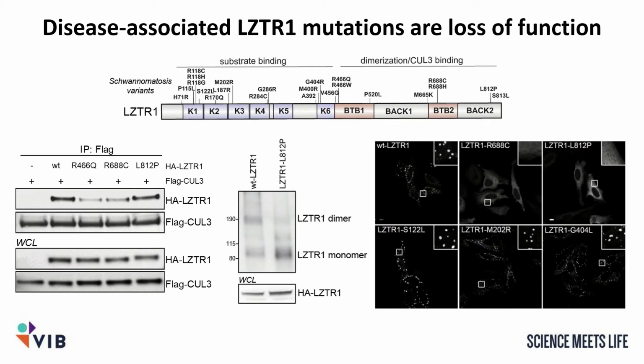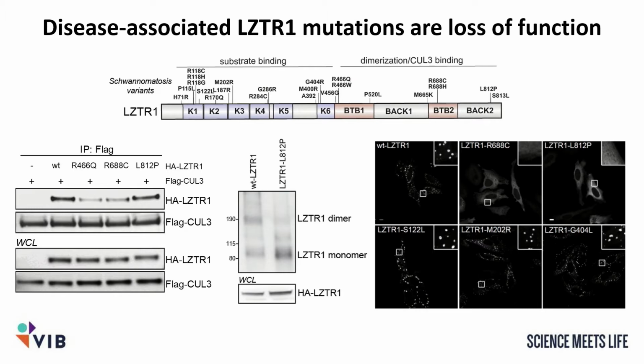We also found one mutant, 812, which did not affect the interaction of LZTR1 with cullin-3 but affected LZTR1 dimerization, while this dimerization is really essential to form a fully functional LZTR1 complex.